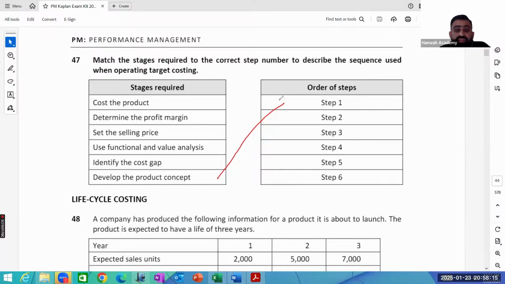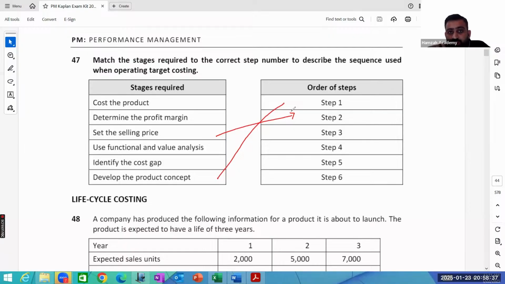Number two, we are talking about target costing. So in target costing, the second step would be setting the selling price, that is, at what selling price we will be able to sell the product.